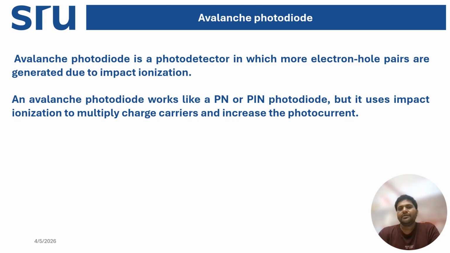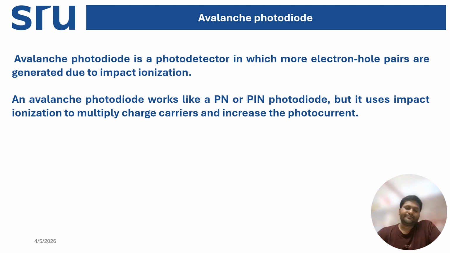The working of the APD occurs in three steps. Photon absorption: an incident photon generates an electron hole pair in the intrinsic region. Acceleration of carriers: carriers accelerate towards the respective terminals due to the strong electric field.